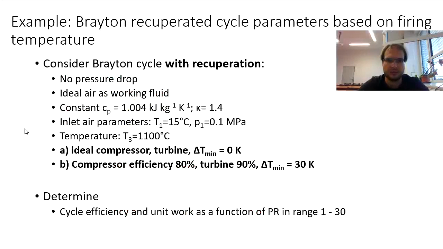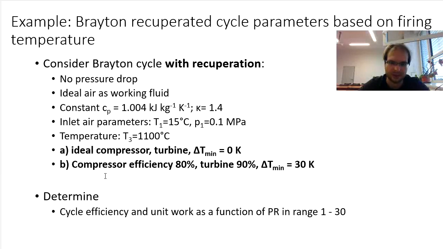So now let's see the problem statement for the recuperated Brayton cycle example. The parameters are the same as for the previous task, just now we have added the recuperation, and we will explore at first the ideal state, the ideal cycle with the compressor and turbine having 100% efficiency, and the temperature difference in the heat exchanger being 0 kelvins.